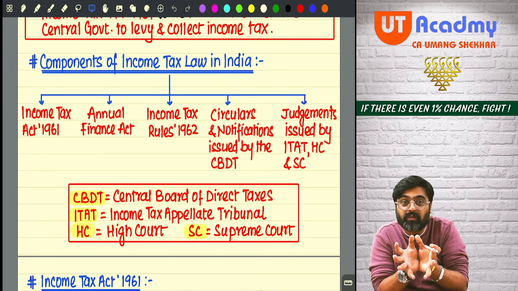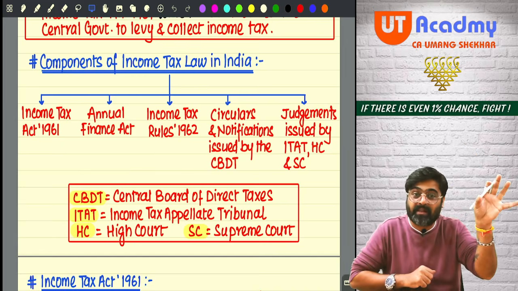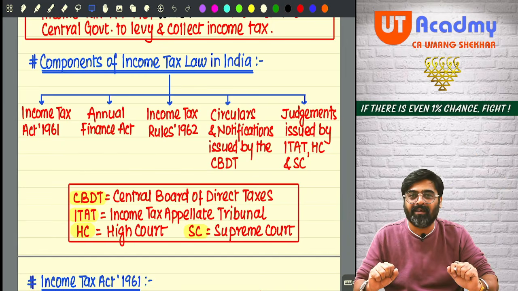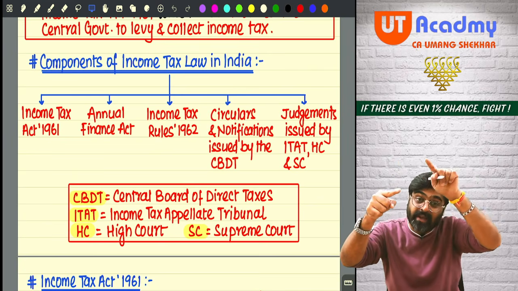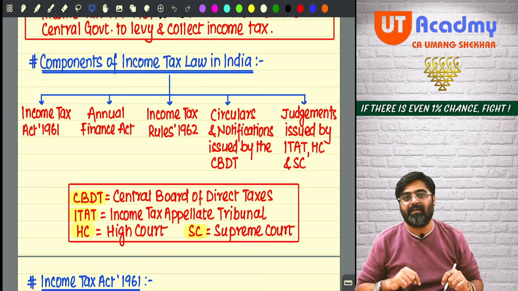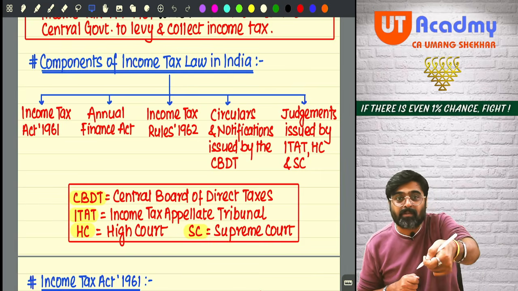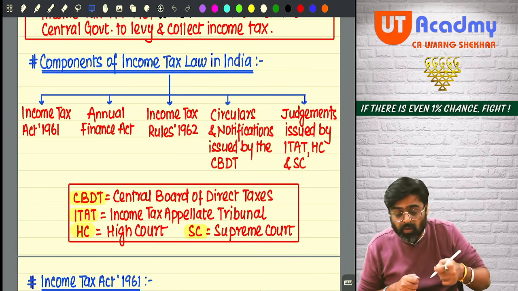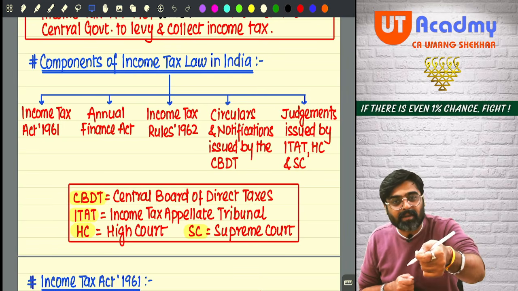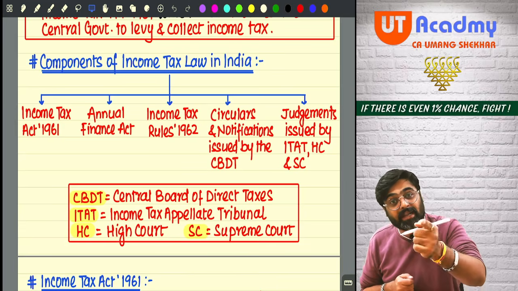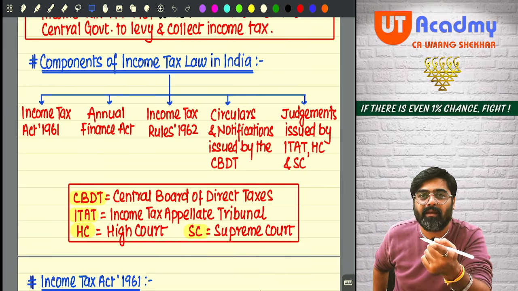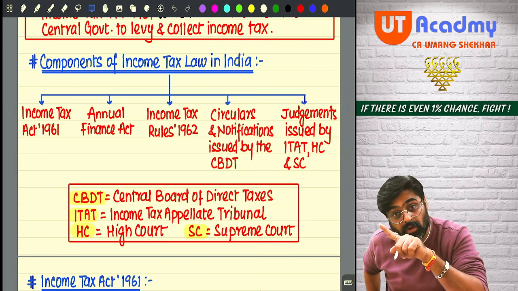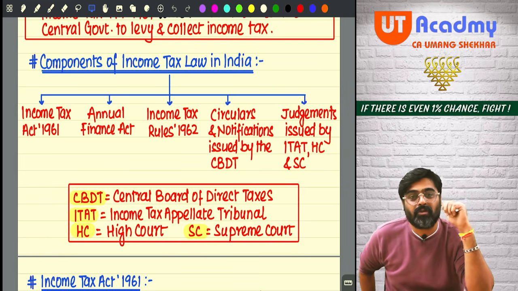Because there was an earlier dispute between the income tax department and the taxpayer, and that dispute got resolved by the court, which has given its interpretation about this provision. If I read that judgment, I will have a proper understanding of what this section wants to say. Wherever required, we'll be learning those court judgments also.